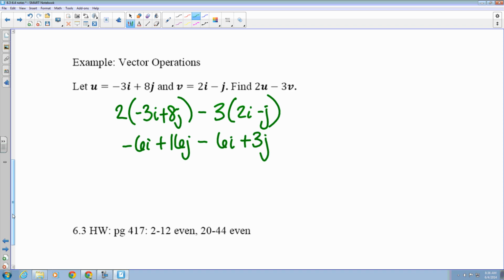Okay, so now I have i and j terms, so I'm going to combine them. And I'm done. All right, that was section 6.3 on vectors.